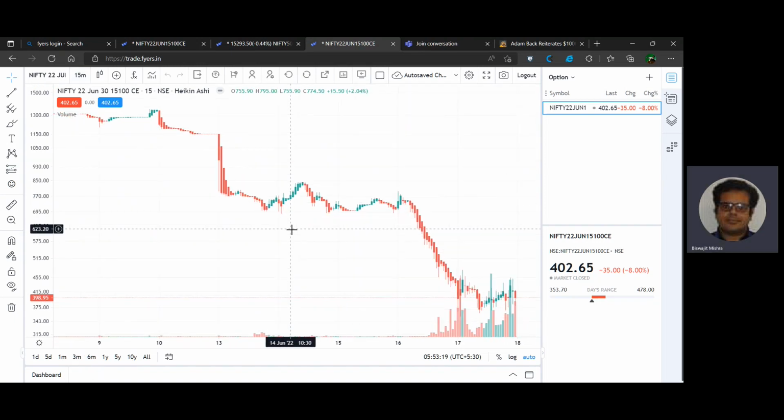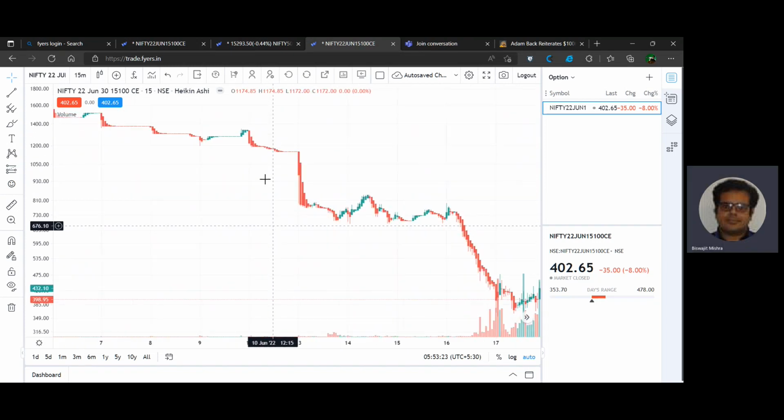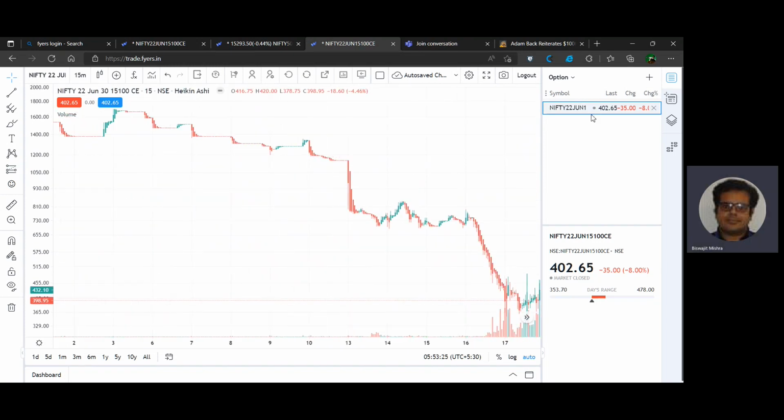Now, what we have to do is that this is the price action for this instrument. So what is this instrument? It is Nifty June 22nd June 15,100 CE. So for the time being, let's keep the instrument separate. You need not understand the instrument.